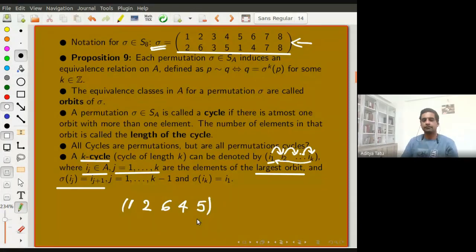That's it. So instead of writing what sigma does to all 8 elements, if sigma is a cycle, then we just have to denote its largest orbit in a particular order.